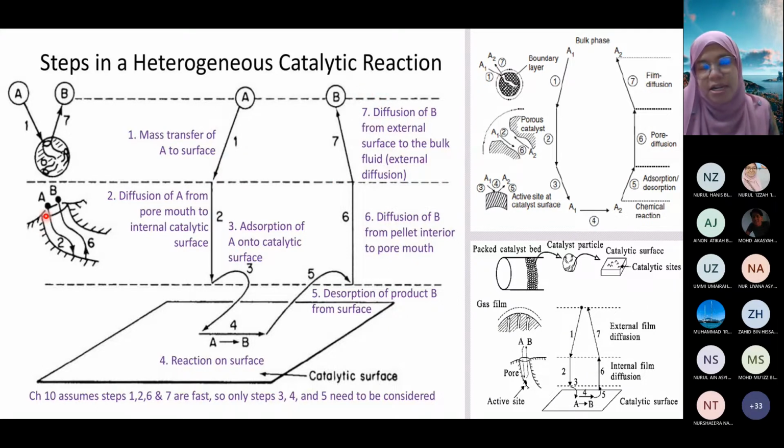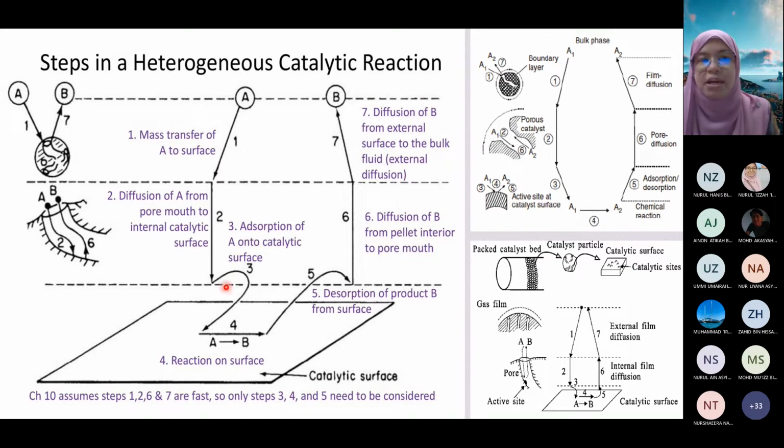Okay, dia nak keluar daripada catalyst phase ni. So diffusion of product B from external surface to the bulk fluid. Ataupun kalau confused, diffusion ni sebenarnya step 2 and step 3. You can change the explanation as mass transfer of product B from the surface to the bulk fluid.